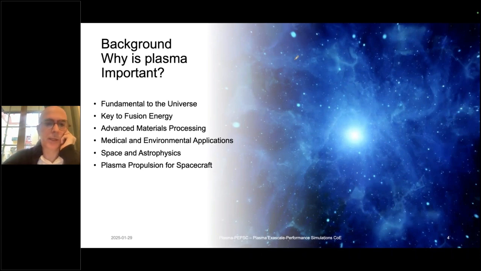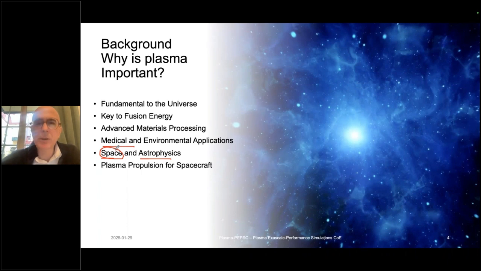We use plasma, and it's extremely important also for medical application. For instance, for cancer treatment, there's the possibility of using beams to kill cancerous cells. It is extremely important if you're working in space and astrophysics, and particularly protecting the assets, human assets in space.